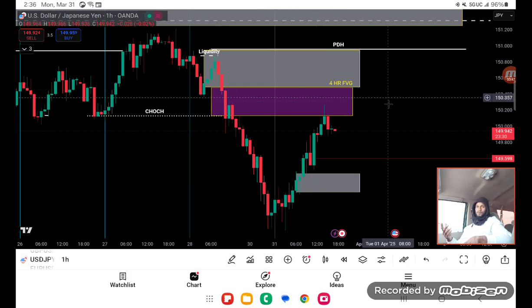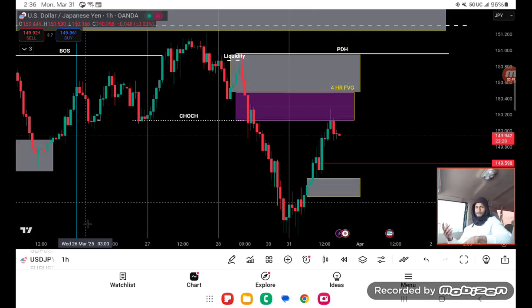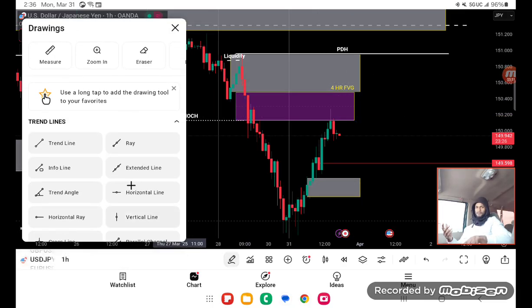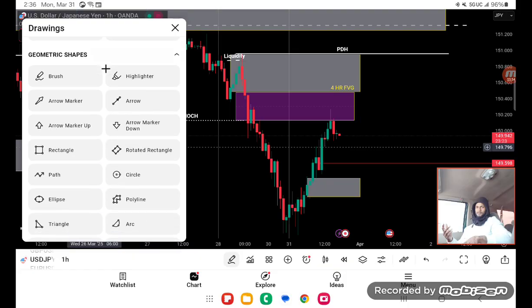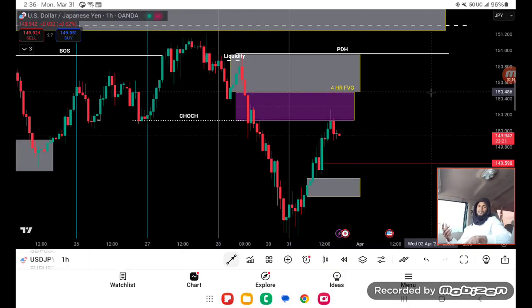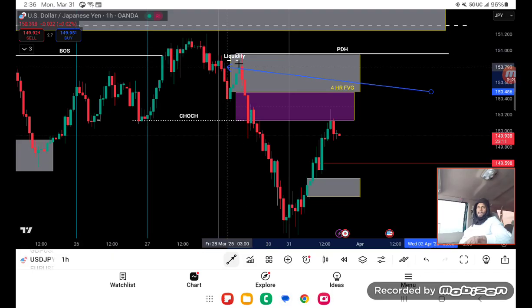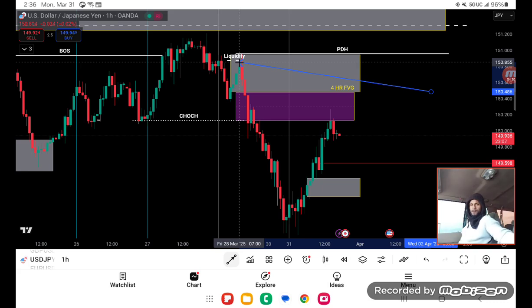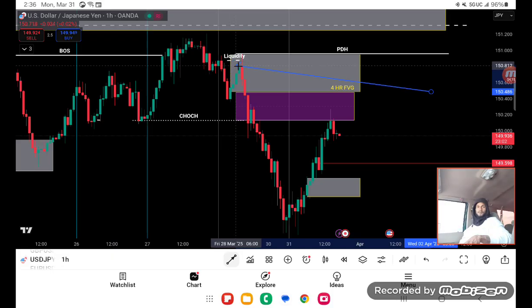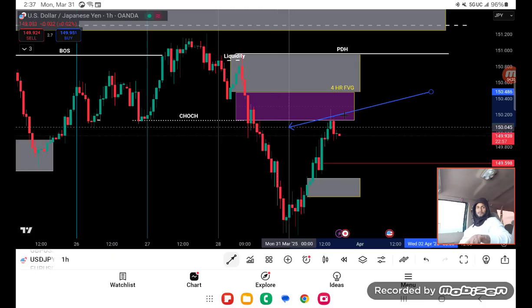So last night we had this previous day high marked up right here. This was last night. Previous day marked up last night. We had this liquidity marked up, which created previous day's high.